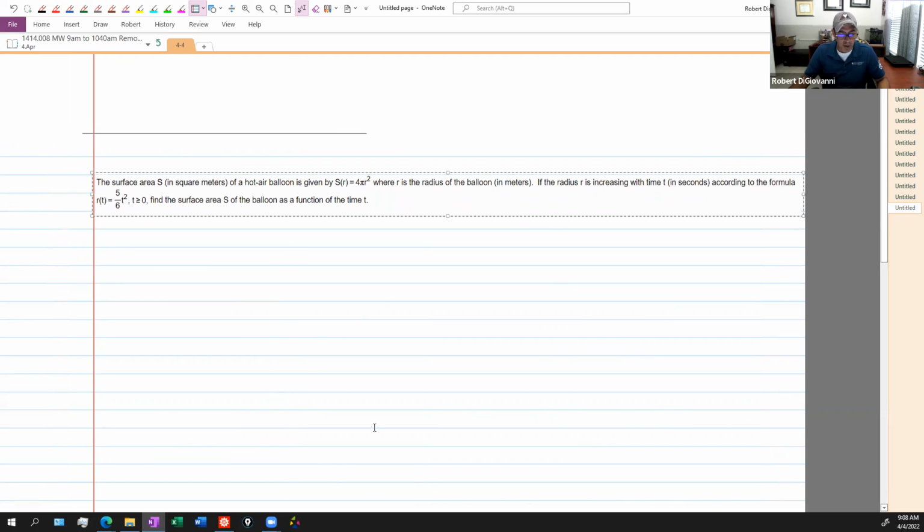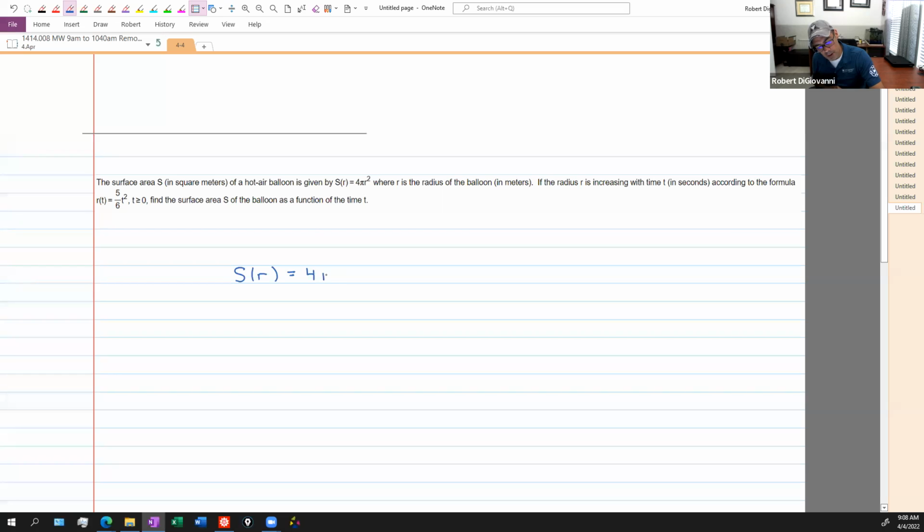All right, so first of all, they're telling us that the surface area of a balloon, S of R, is a function, 4 pi R squared. So the way to think about this is if you're given what R is, we can plug R into this function S, and it will spit out S of R, which is the surface area.